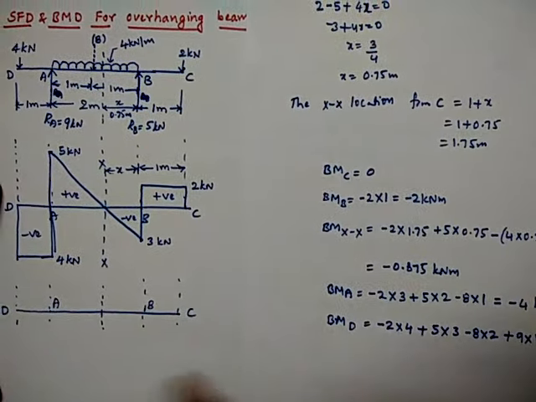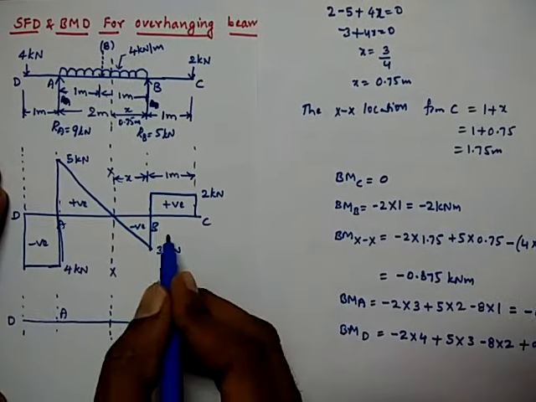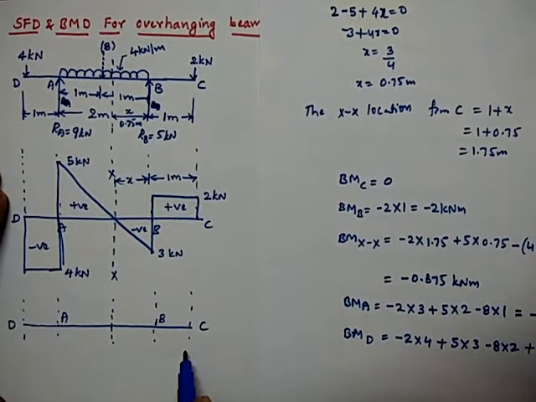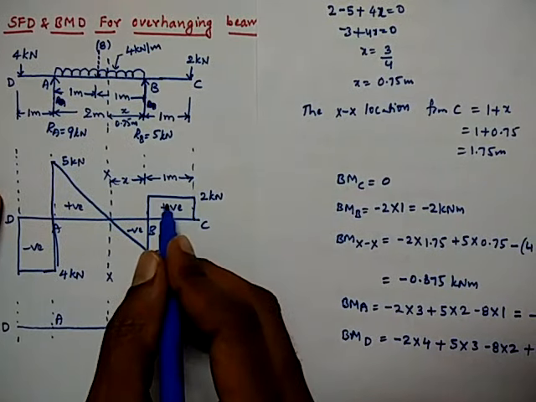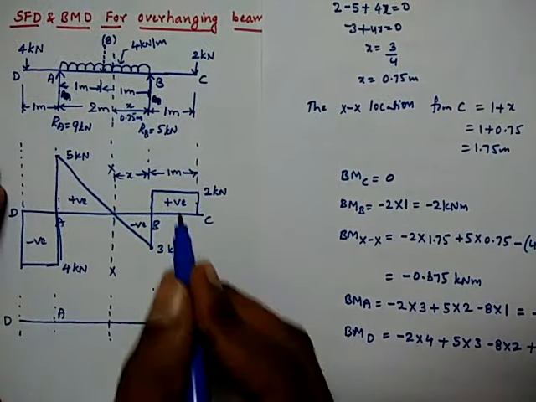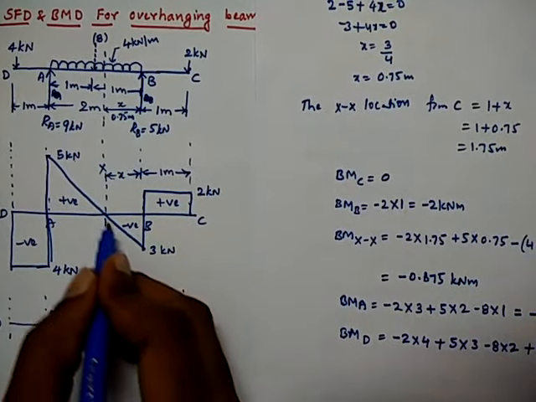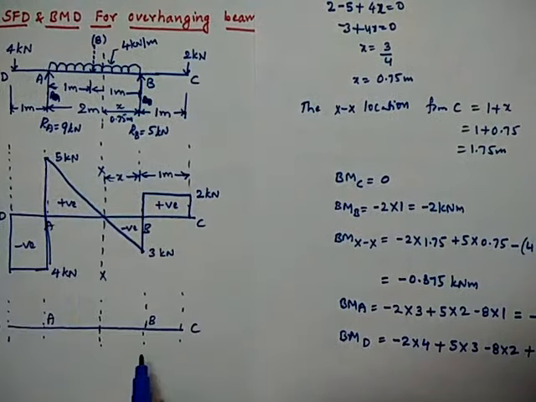Here, if you see, bending moment at C is 0 and 0 to minus 2. The bending moment diagram will be drawn with the help of the shear force diagram. If the shear force between 2 points is a horizontal line, between those same 2 points we'll draw an inclined line, and if you have an inclined line in shear force, we'll draw a parabolic curve.